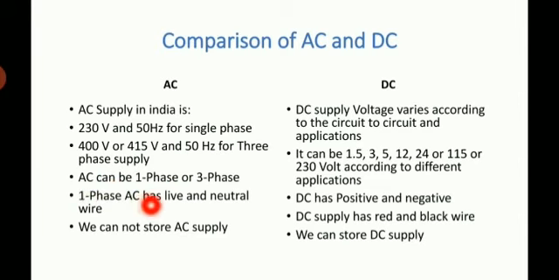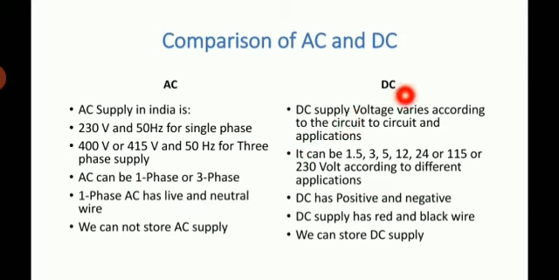AC can be single phase or 3 phase, and for a single phase AC supply there are 2 wires, one is live and the other is neutral. One important thing we should remember is that we cannot store AC supply, meaning we have to convert that AC into DC, then we can store that in a battery.